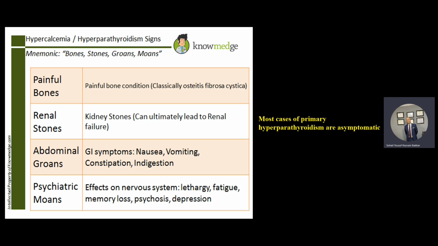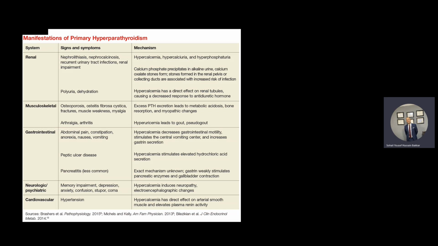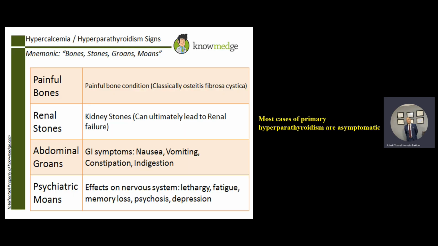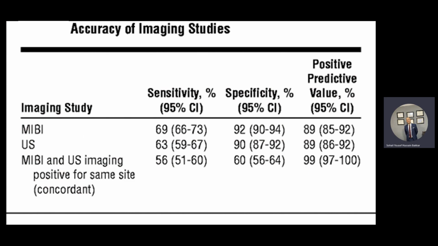Nevertheless, remember that the most common manifestation of primary hyperparathyroidism is being asymptomatic. So kindly go through this table for its major importance.